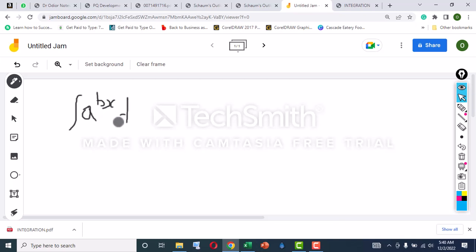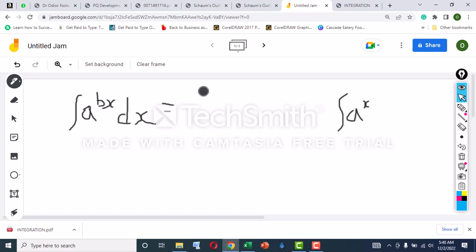So when you want to integrate this, how do we integrate this? That's the question. It's different from the normal integration we have been doing, like x raised to a power. That one is like x raised to power n, so we just say x raised to power n plus 1 over n plus 1. But this one, as in there is a number before the x, which is the number that b is representing.